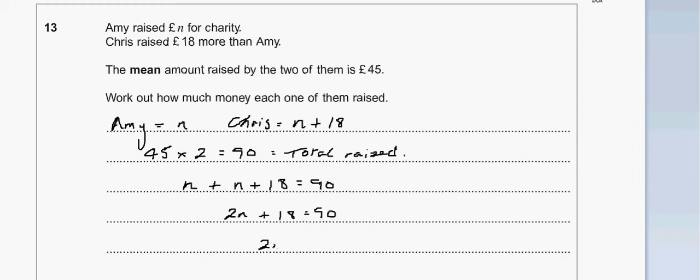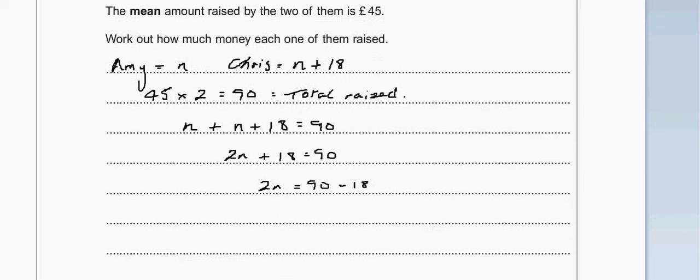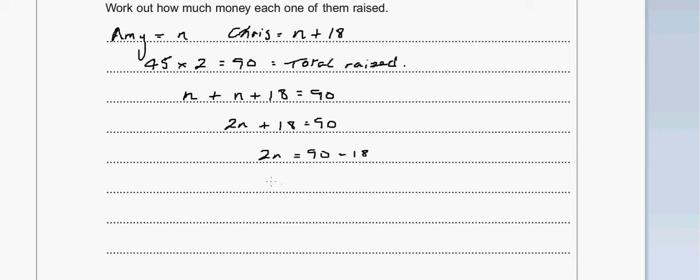So 2N will equal 90 minus the 18. So 2N will equal 90 minus 18, which is 72. So N is 36.